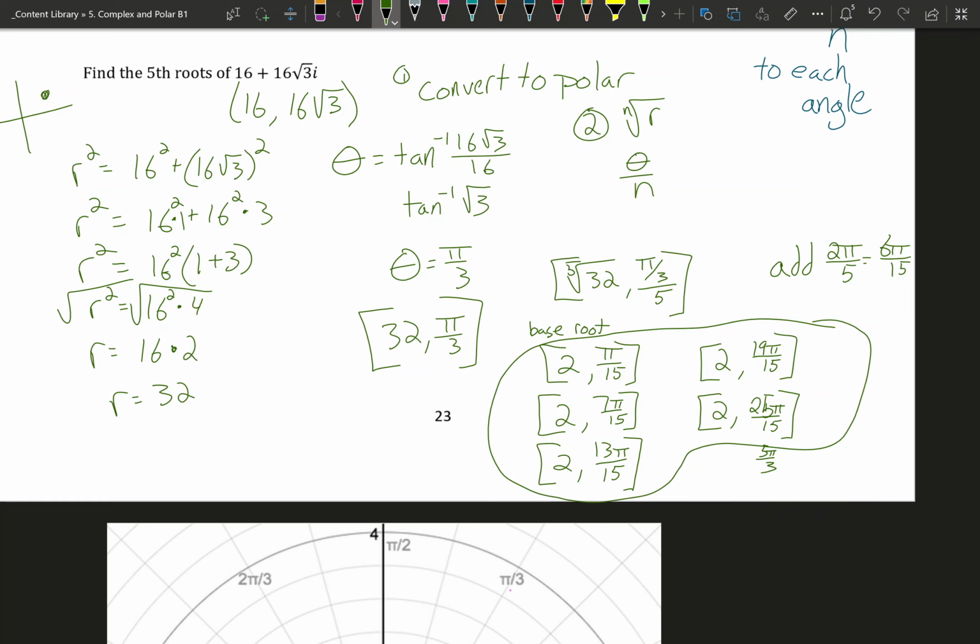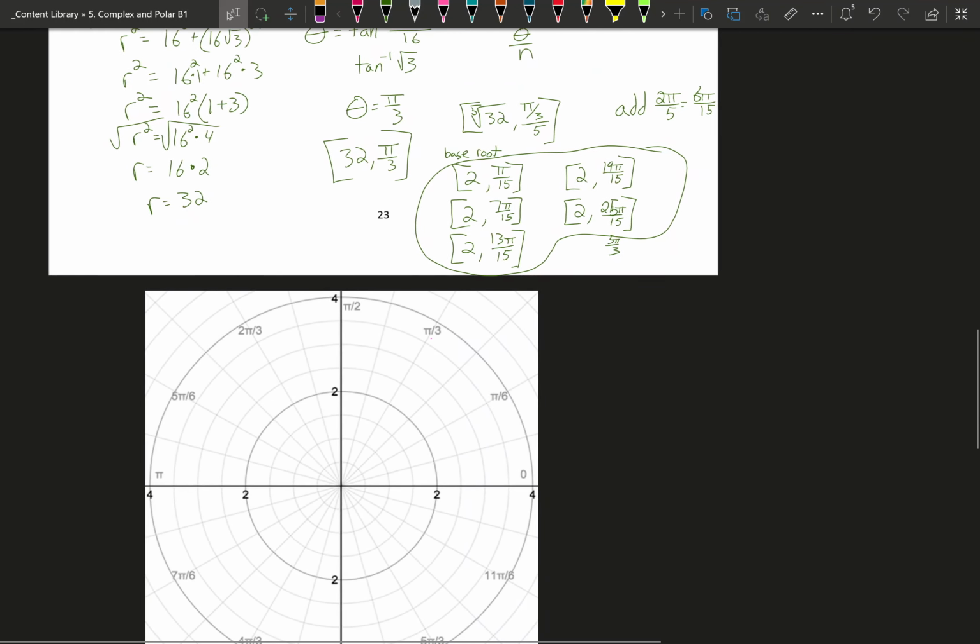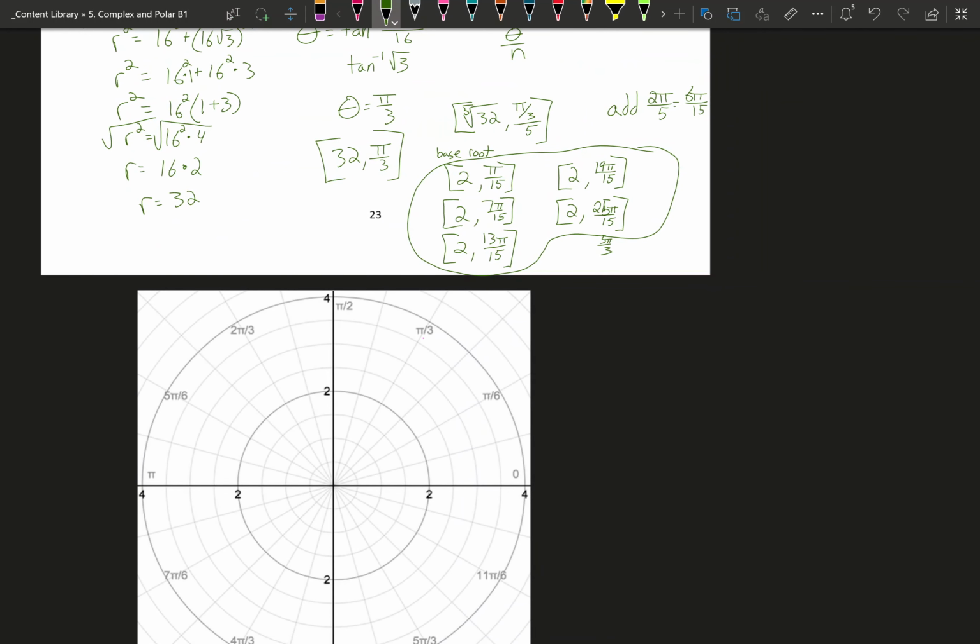Why do we do what we do to those angles? Let's take a look at graphing these points. Our pi over 15 is going to be somewhere in here, a little less than a 12th. The 7/15 is going to be not quite at 1/2.